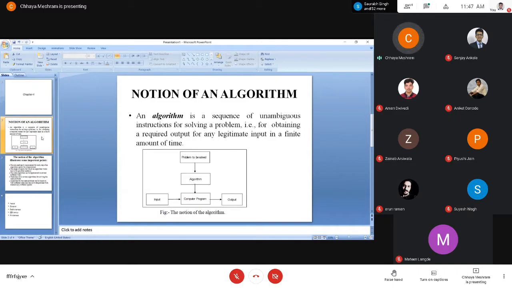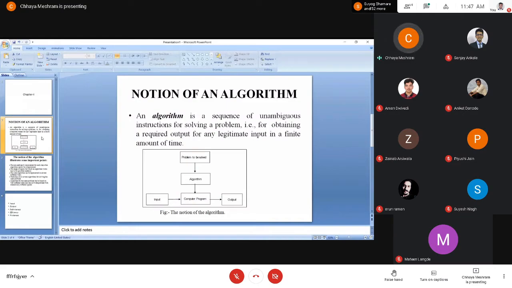Addition means I need a plus operator, and the input will be two numbers, and as output I will get the sum of those two numbers. So first I analyze the input and output, then convert it into a mathematical formulation, and then I write the instructions to solve that particular problem.